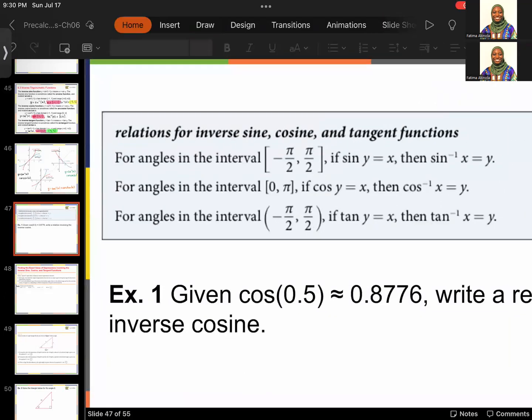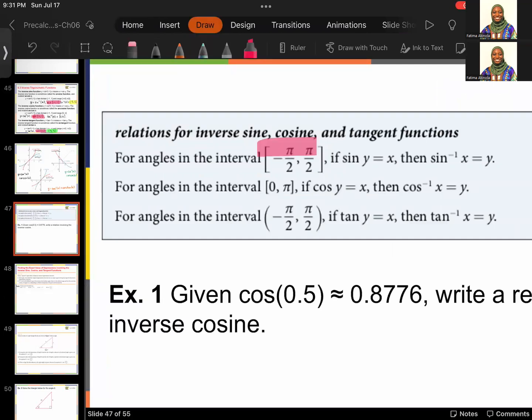It tells you that if you have functions in this interval, and remember this interval is the range of values for sine, this is the range of values for cosine, this is the range of values for tangent.